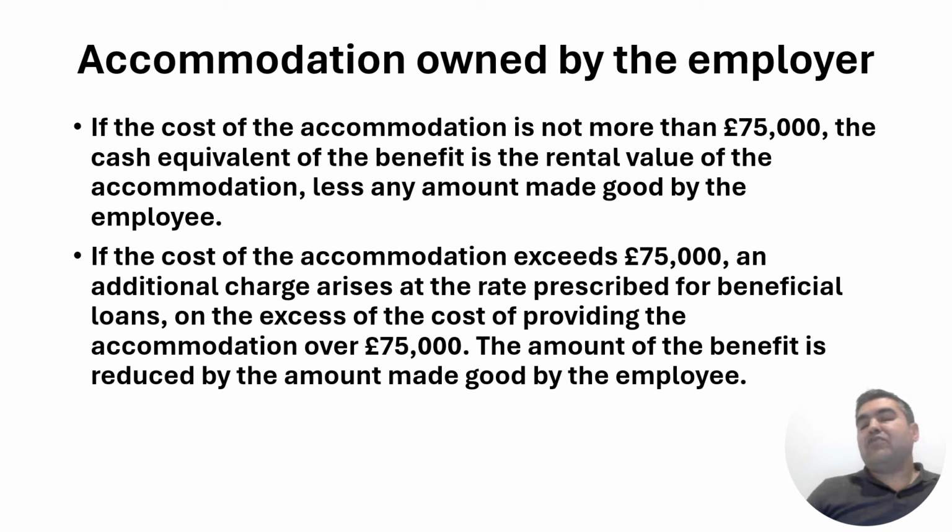So, for example, if the value of the property is more than 75,000, an additional charge would arise. That will be based on using the beneficial loan rate on the excess of the cost of providing accommodation over 75,000. I will explain this with an illustration. The amount of the benefit is reduced by any contribution by the employee.